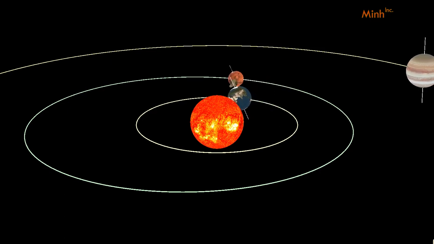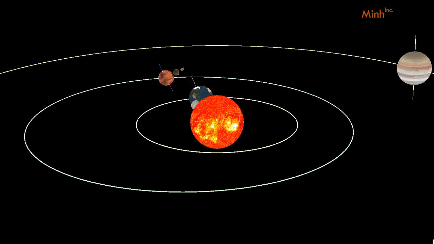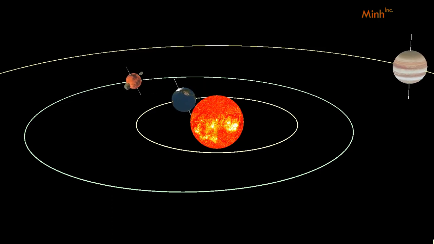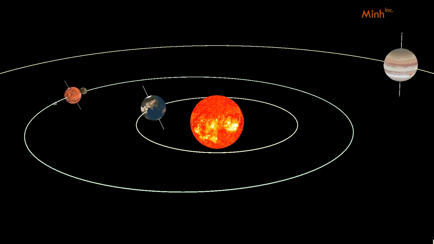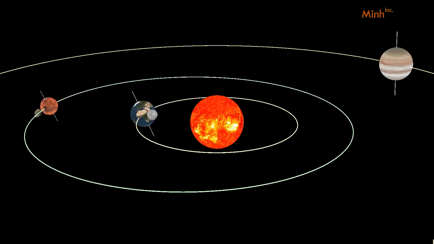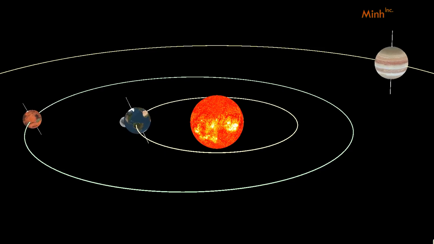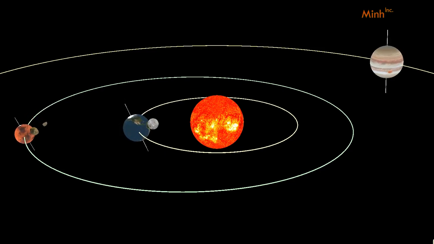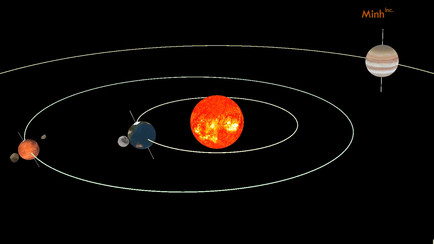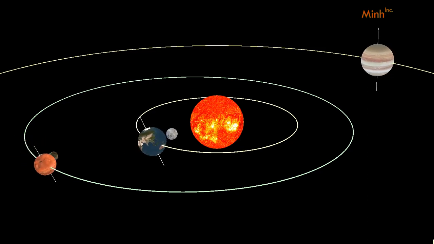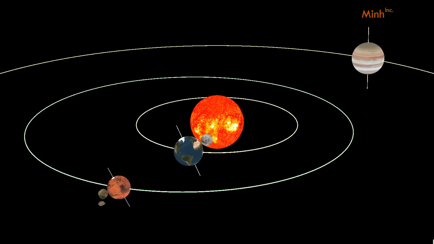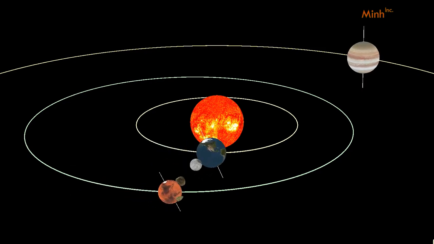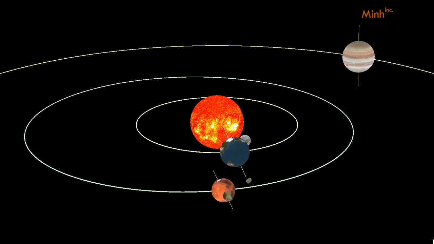If they are on the same side of the sun, then still their distance is higher. If they are on the other side of the sun, then obviously that will be very high. And now if they are always on one side of the sun, then still their distance is growing and becoming less. And now they will come back to a situation where they will be at minimum distance.